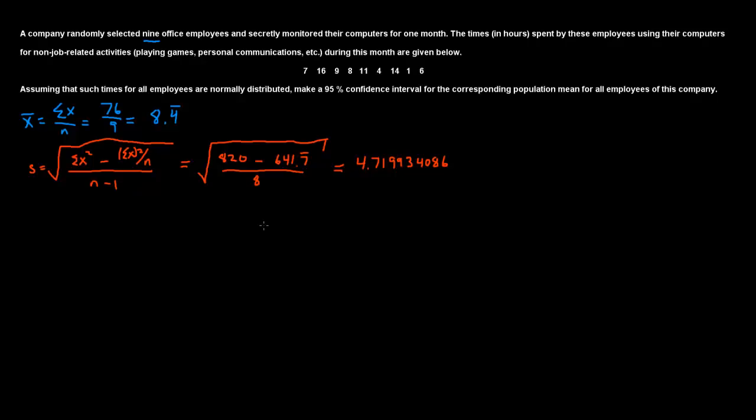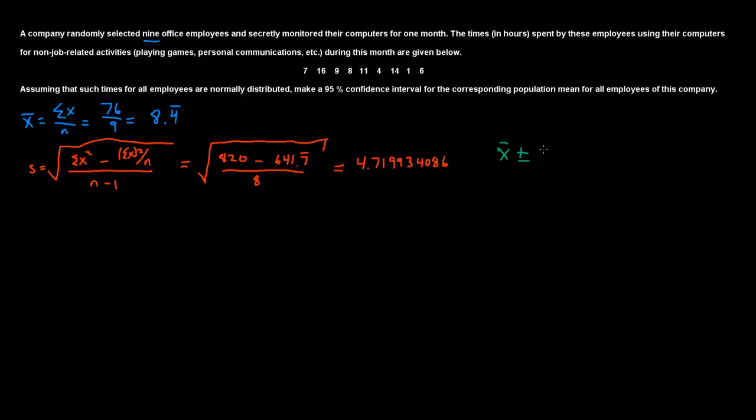Okay, now let's review how to find a confidence interval. Here's a new color. A confidence interval is given by x bar plus or minus.